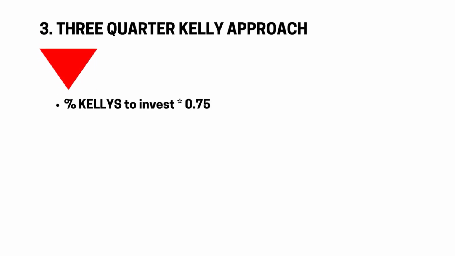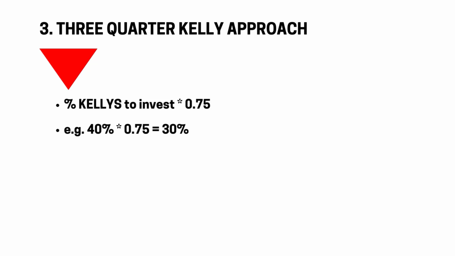Another popular method is the 3/4 Kelly approach, basically taking 75% of the full amount. So in our example, 40% was the full amount, times 75% equals 30% to be used on your capital.